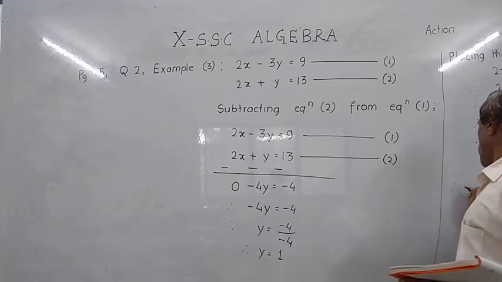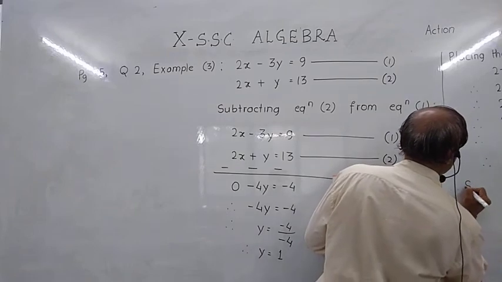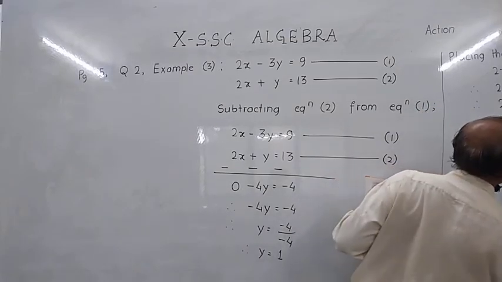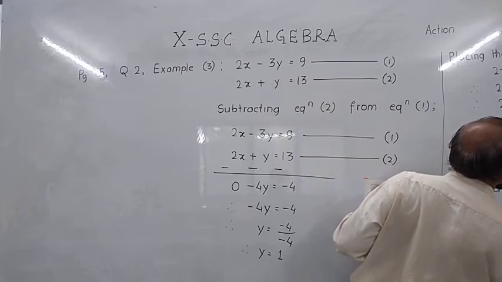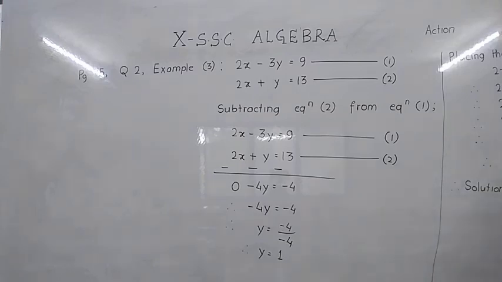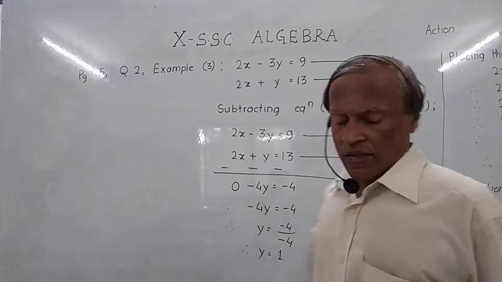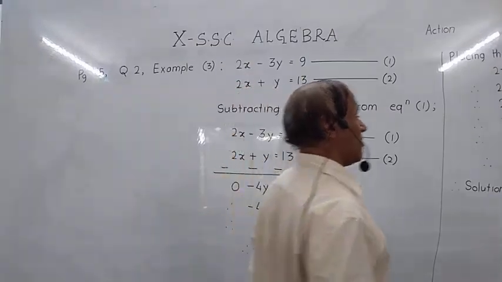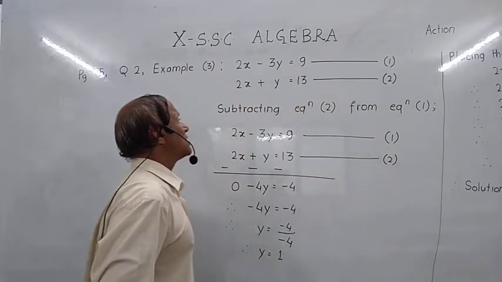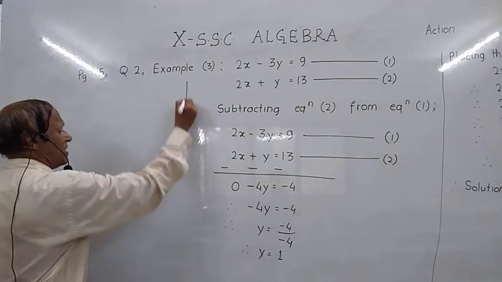Therefore, solution is x comma y, that is x value you have to write first, 6 comma 1. Now many people ask me why to write it this way. There is a reason for this. Reason we did not write in the exam.